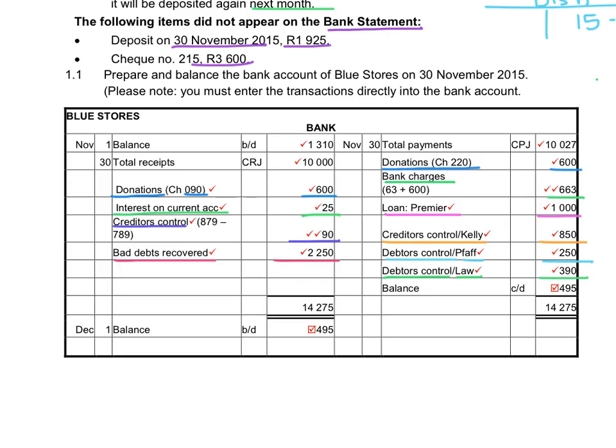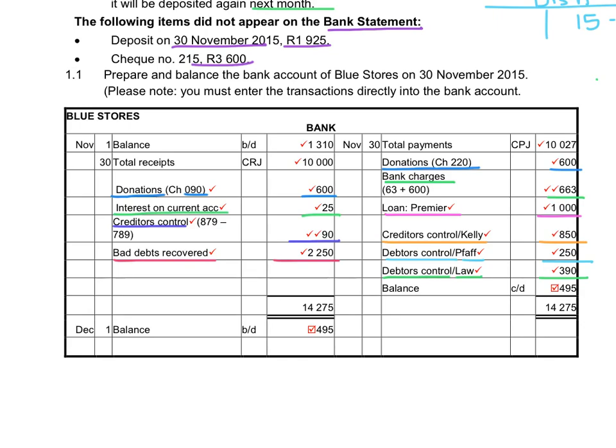After we completed all the entries and additional information, taking into account what was in the previous bank recon, we recorded all of it either in the bank account or in the bank reconciliation. If we have to correct mistakes, we complete it in our bank account. If we still have to complete entries, it will go in the bank account. If the bank made a mistake, it will be recorded in the bank reconciliation statement.